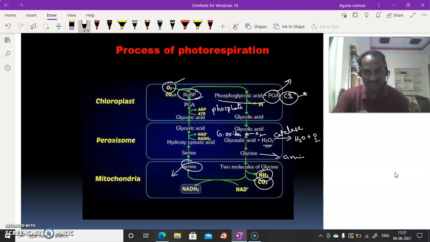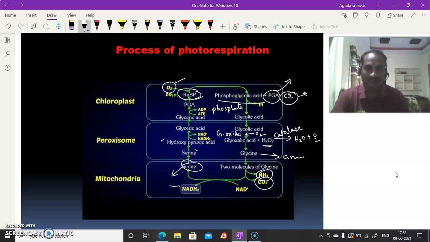Here NAD undergoes reduction and forms NADH2. Now this serine which is formed in the mitochondria again enters into the peroxisome, where it forms hydroxypyruvic acid. Now this hydroxypyruvic acid forms glyceric acid by utilizing NADH2.